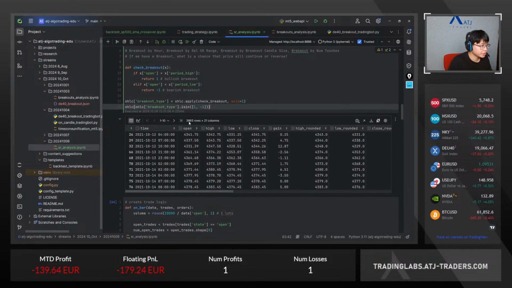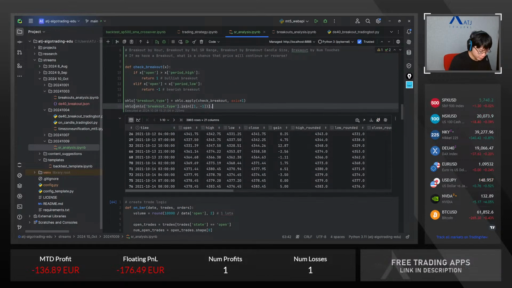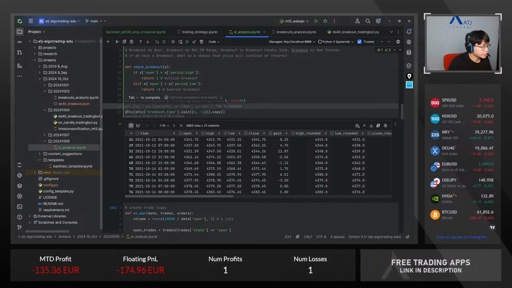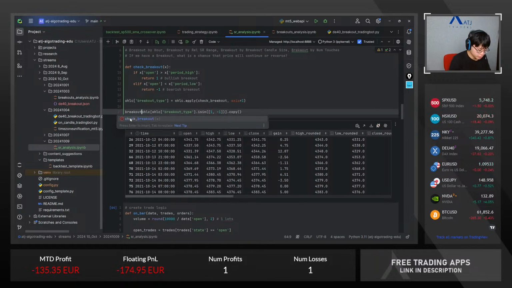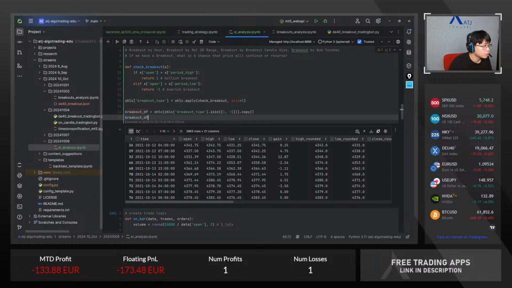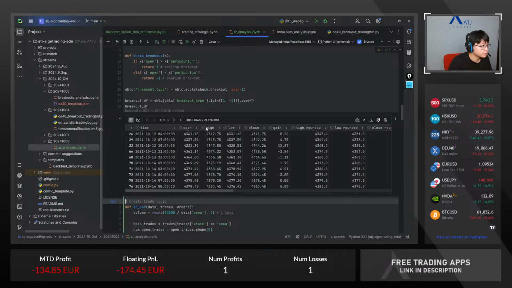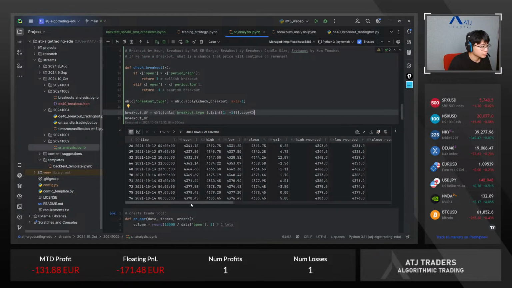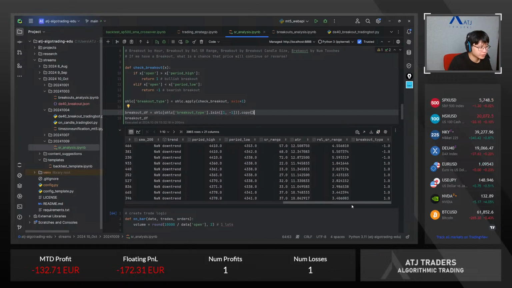It has 3,665 columns, but probably it's taking it from the entire data frame. If I make a copy of this and call it the breakout df, then maybe we'll see a difference. Whatever, it still shows 3,800 rows, but we definitely do not have 3,800 breakouts.